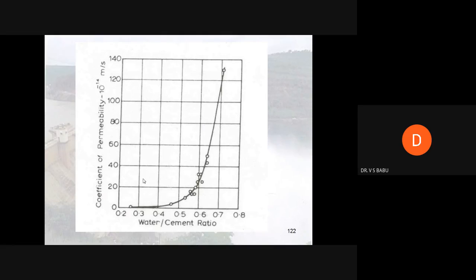If your water content is more and more, that means the water cement ratio is very high, what happens? If you observe this test data, the coefficient of permeability is also more and more. Is it clear? So you always have to keep the water content at a minimum. 0.23 is the minimum, and the maximum you can go up to is 0.7, but this is only for M10 grade concrete, M20 grade concrete, and so on.